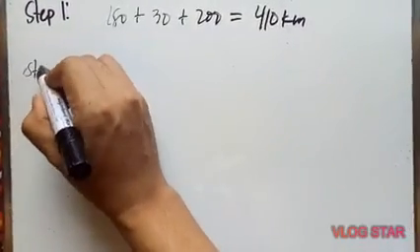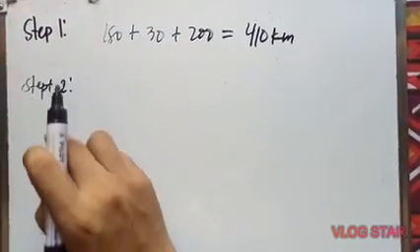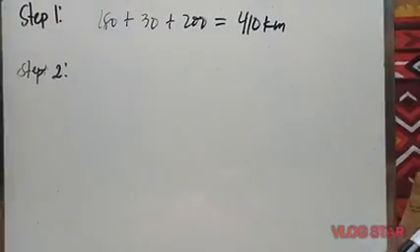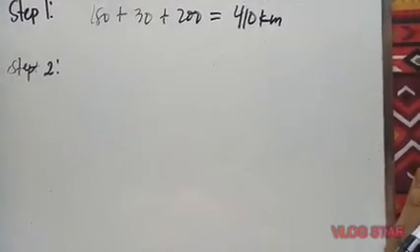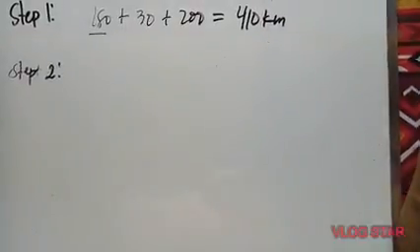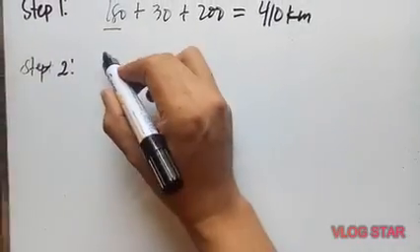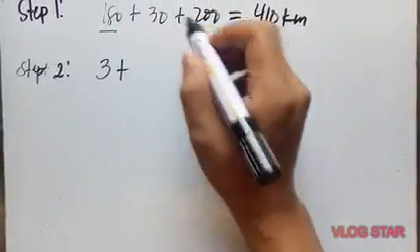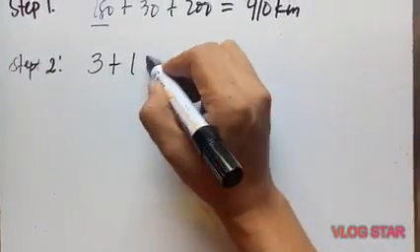The second step is to calculate the total travel time. So in 180, what is the travel time? 3 hours. So in 30, what is the travel time? 1 hour.